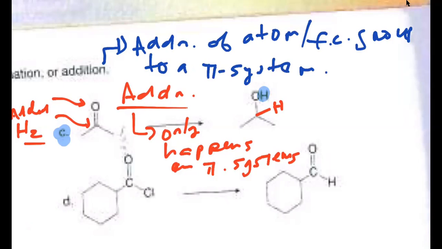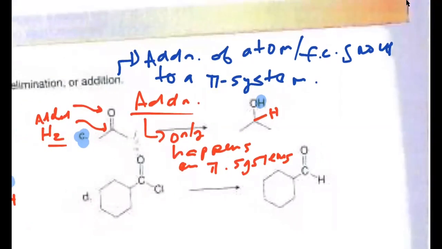So pi systems undergo addition. Right? They can't do substitution. All right, so that's an example of an addition. And we're going to look at this in a lot more detail, so don't panic if it's not clicking right away, because we got a bunch of examples that we're going to work through.